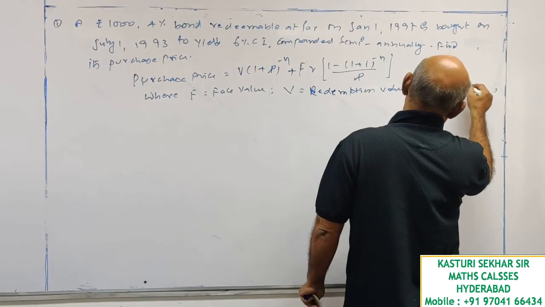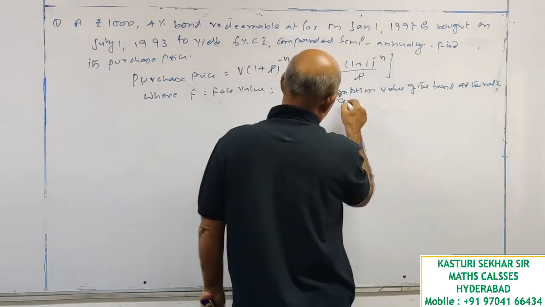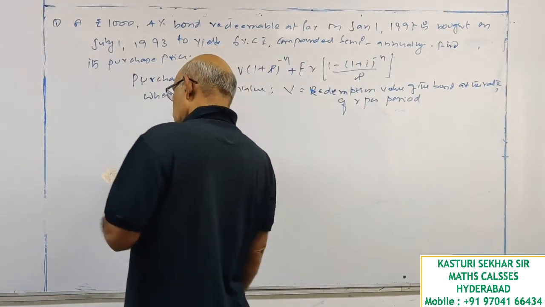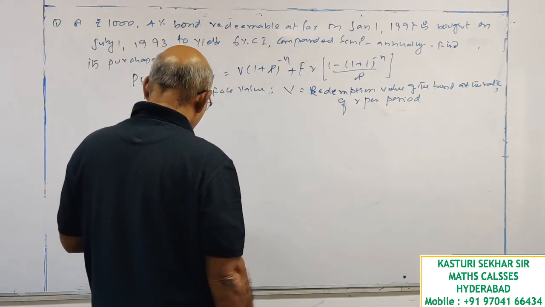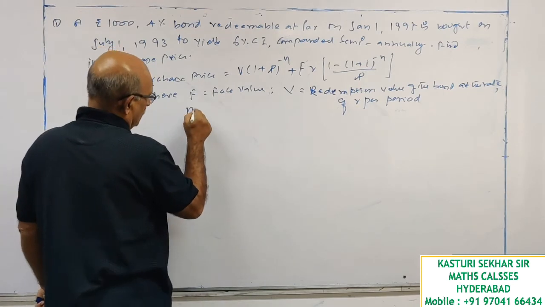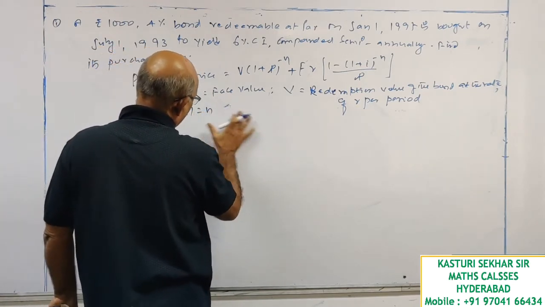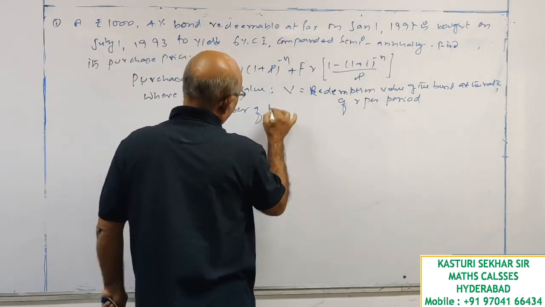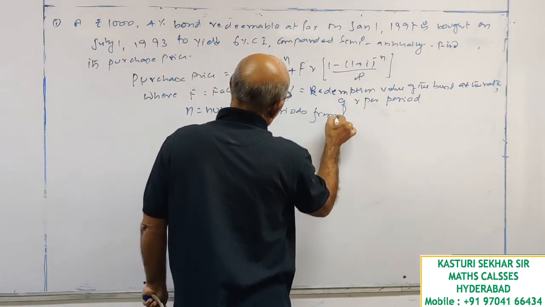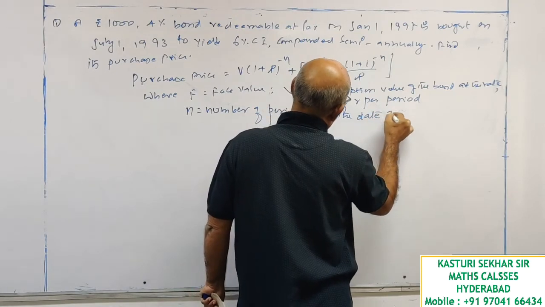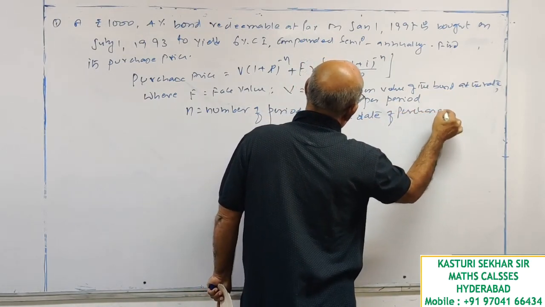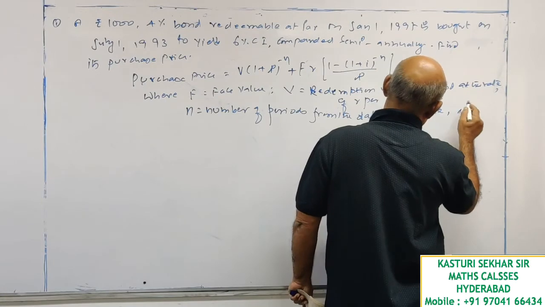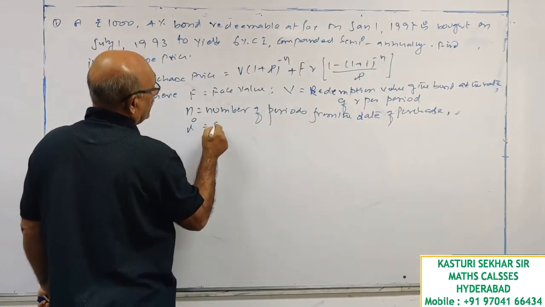At the rate of r per period. n is the number of periods from the date of purchase, and i per period, with i equal to effective rate of interest.